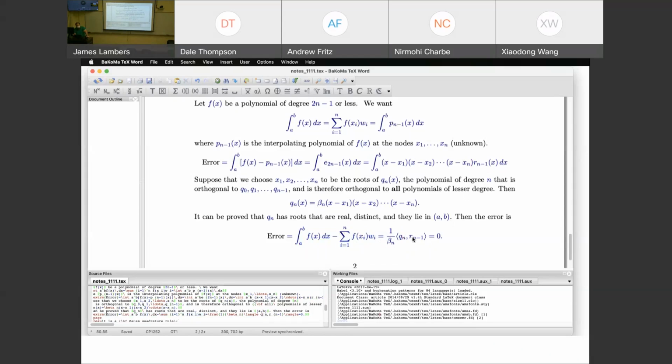This has to be of lesser degree because it has degree at most n minus 1. Because Qn is orthogonal to all polynomials of lesser degree, this inner product must be 0. Therefore, the error is 0. Therefore, this quadrature rule produces the exact integral of f. So what we've shown here is that this quadrature rule with these nodes is exact for all polynomials of degree up to 2n minus 1.